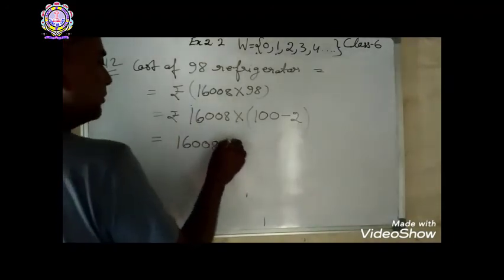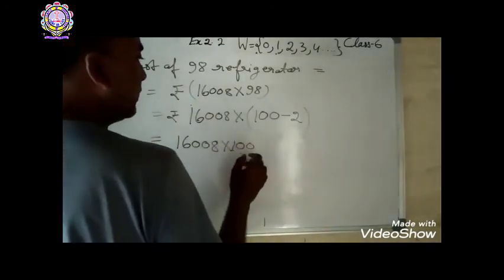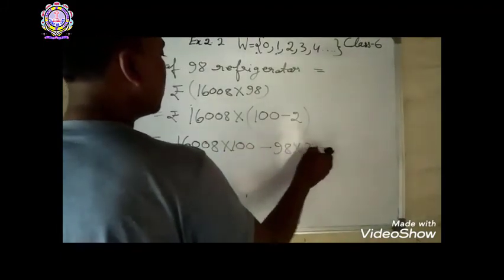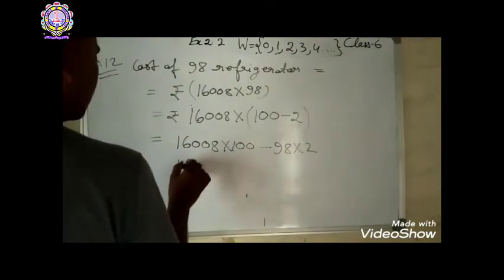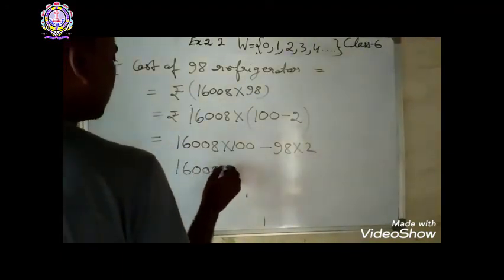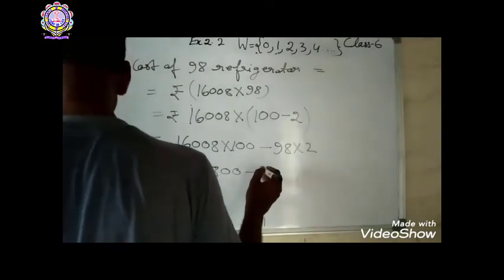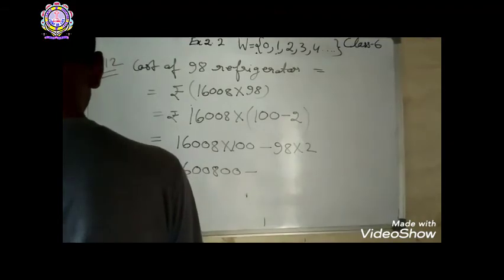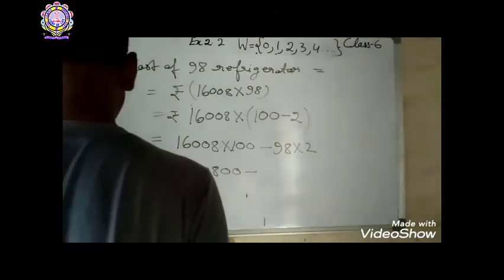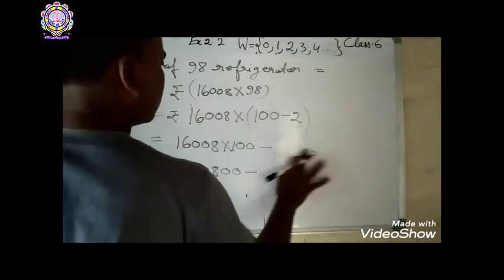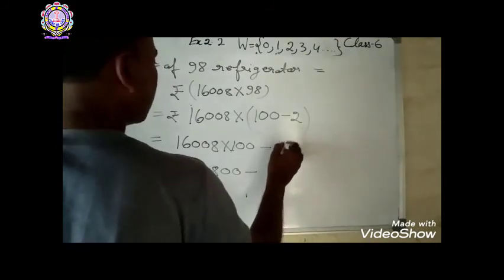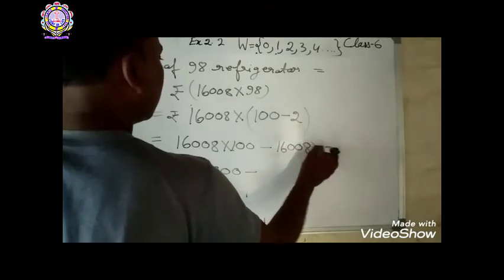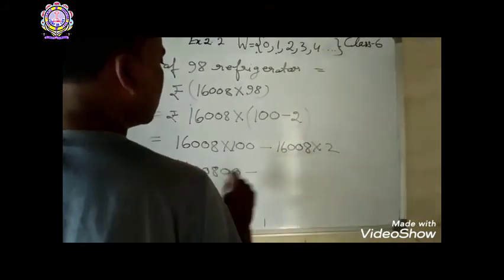16,008 multiplied by 100 minus 16,008 multiplied by 2.